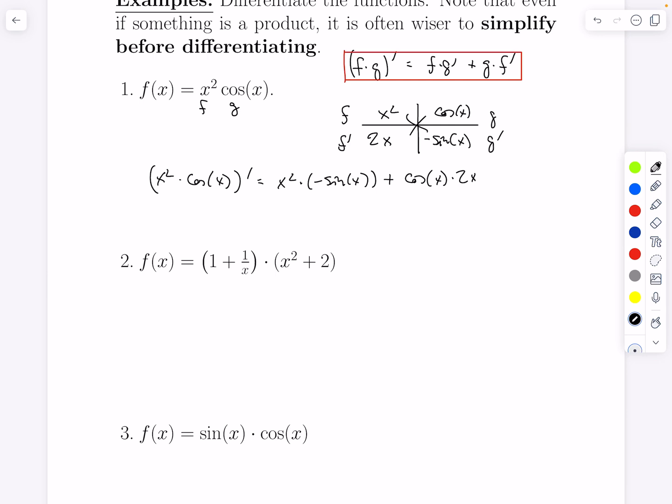That is all correct. Okay, and then we make it a little bit nicer, so it's 2x cosine x minus x squared sine x. But the first part would be full points already. Okay, next one.